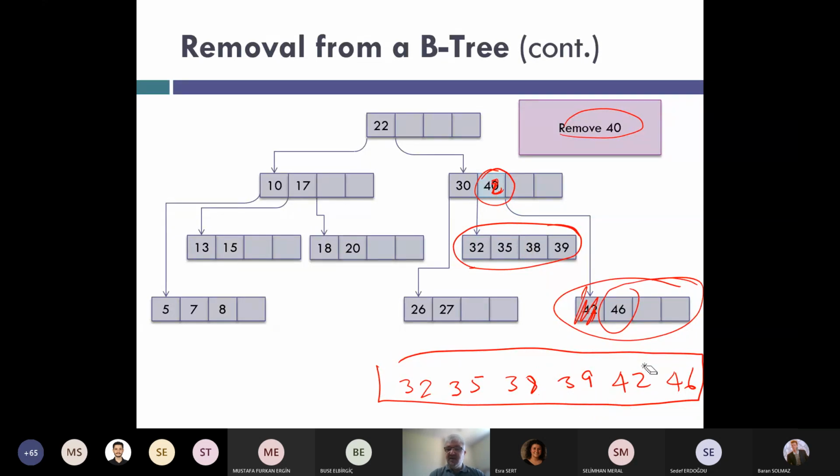This is one way. Another way is we can move 38 up. This is the left sibling, and this is the right sibling. This is also possible, since the middle element is either 38 or 39 in this case, right? We cannot say this one is the middle element. So you have to be careful.